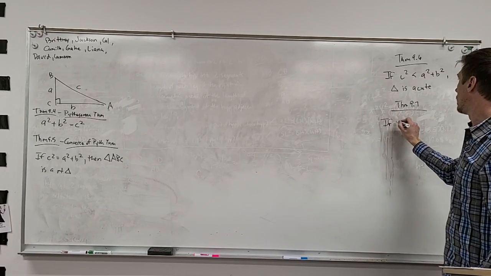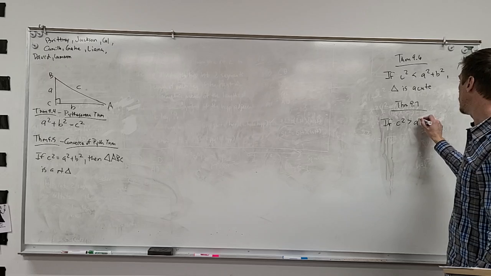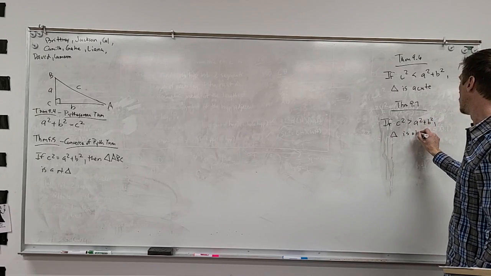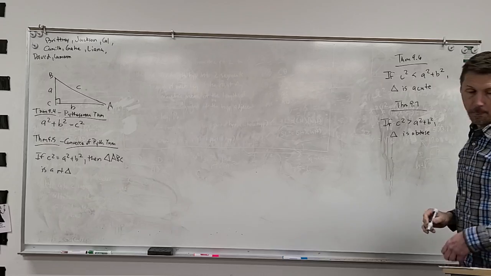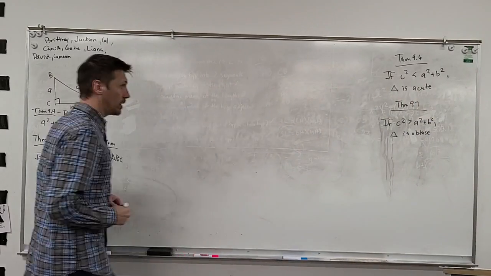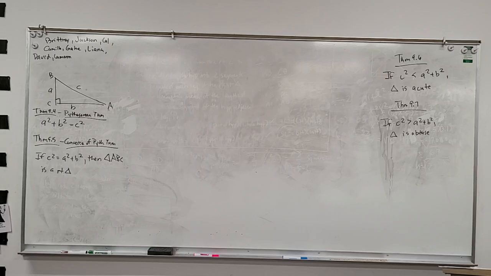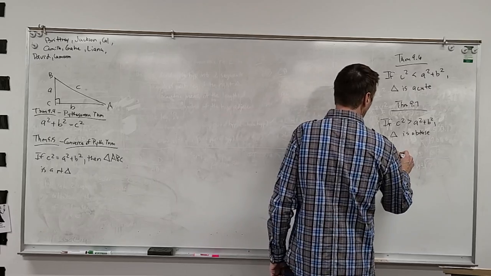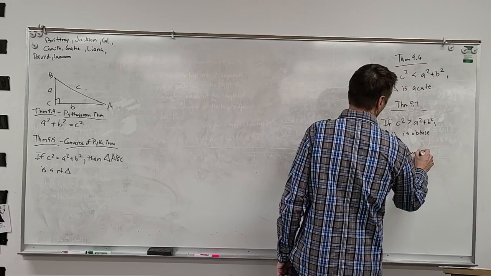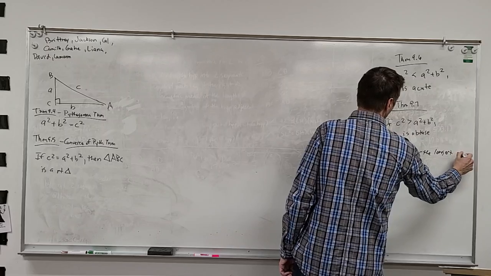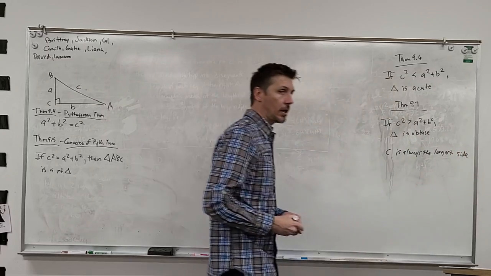And if c squared is greater than a squared plus b squared, the triangle is obtuse. All of these theorems use the Pythagorean theorem as their basis. And all we have to remember is that c is always the longest side.